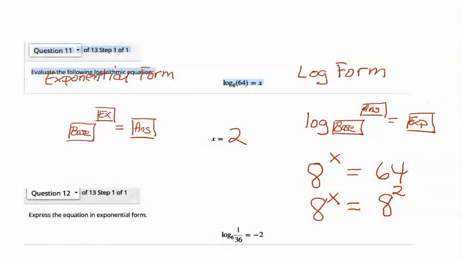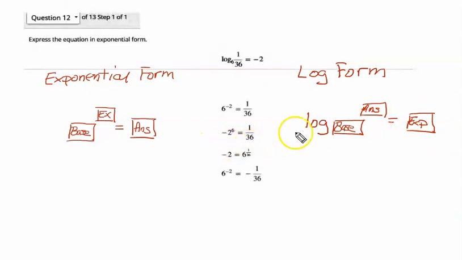Last one. Okay, we did a lot of repetition here, but again, these were taken right from the practice, which are used as certify. So hopefully showing you the protocol of how to do these. So this is its log form. What's our base? Well, our base is 6. What's our exponent? A negative 2. And what's our answer? 1 over 36.